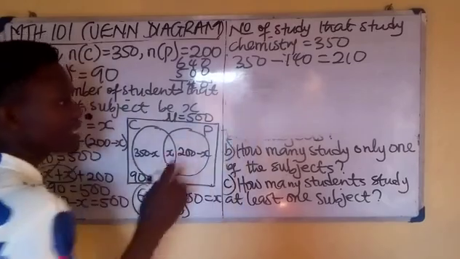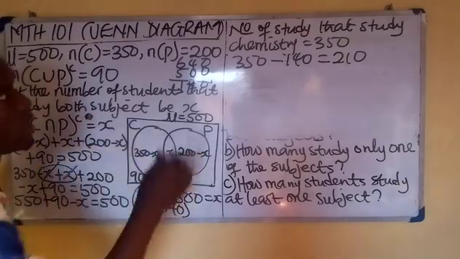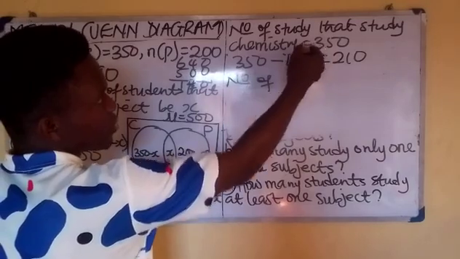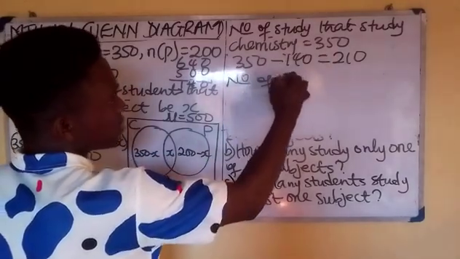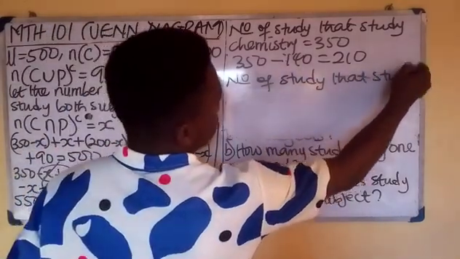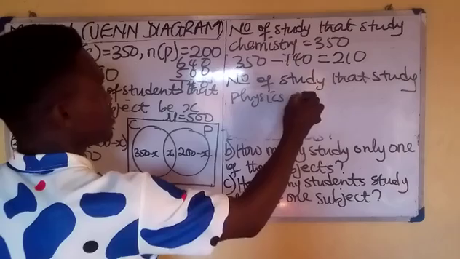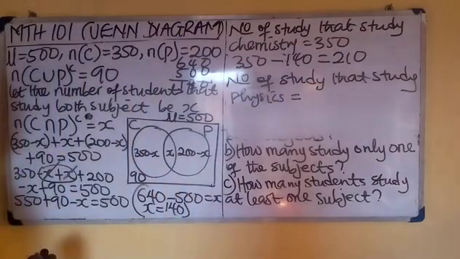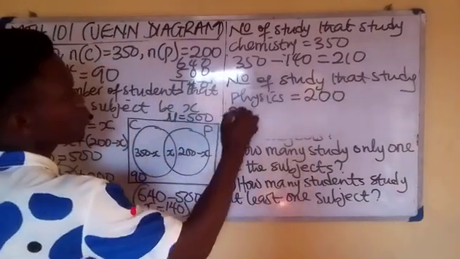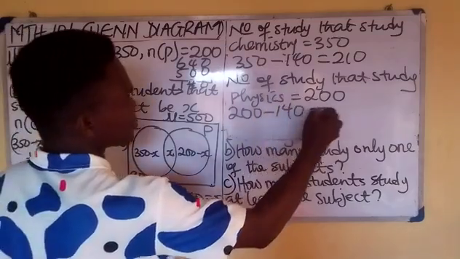Then they said how many students study only one of the subjects. So the number of students that study physics is 200. So it becomes 200 minus 140.